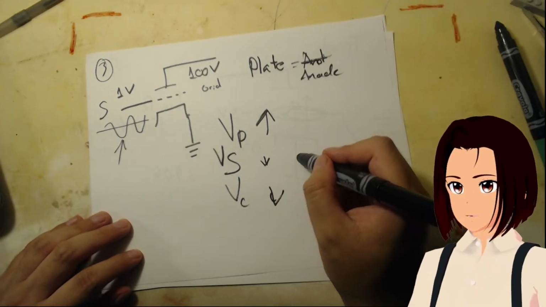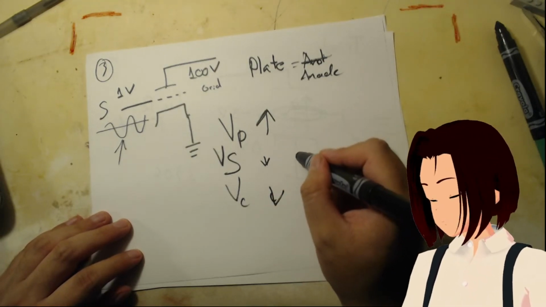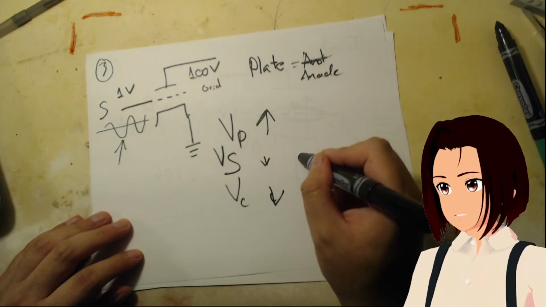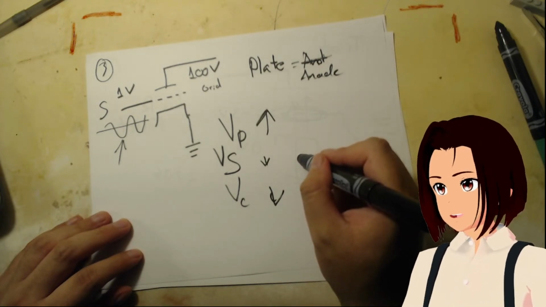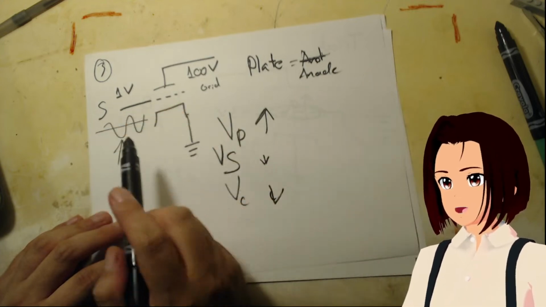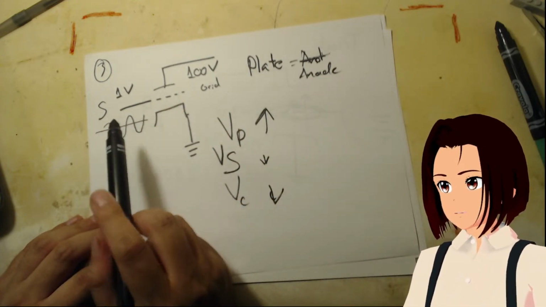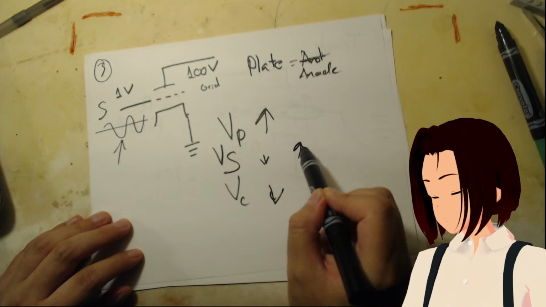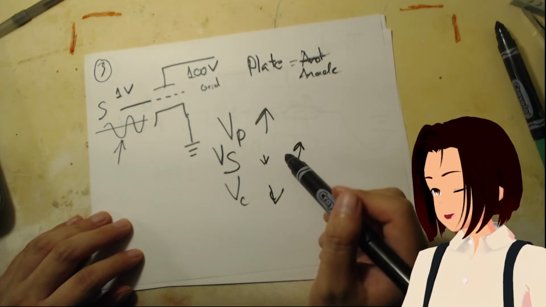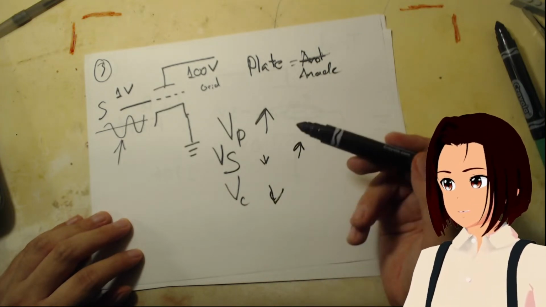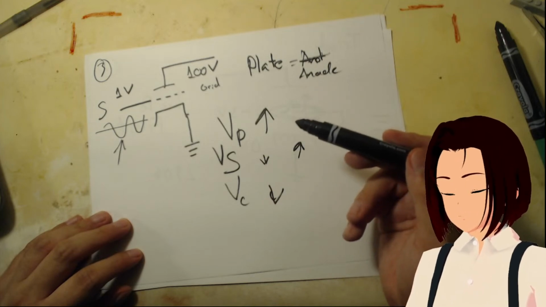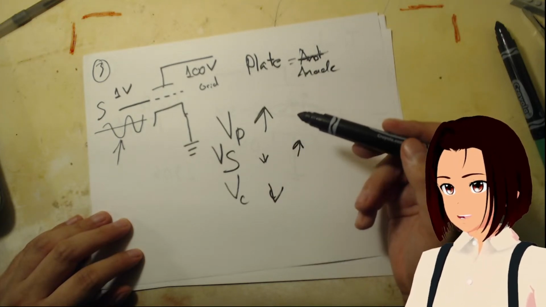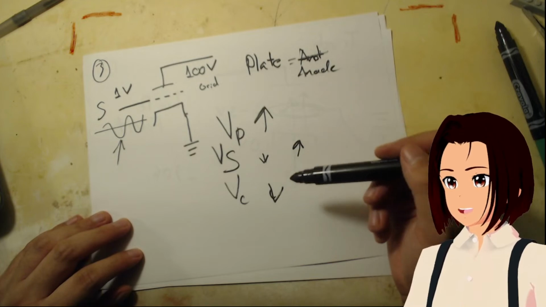But when the signal voltage gets high, like it gets to the peak right here, then it allows current to flow from the plate to the cathode.